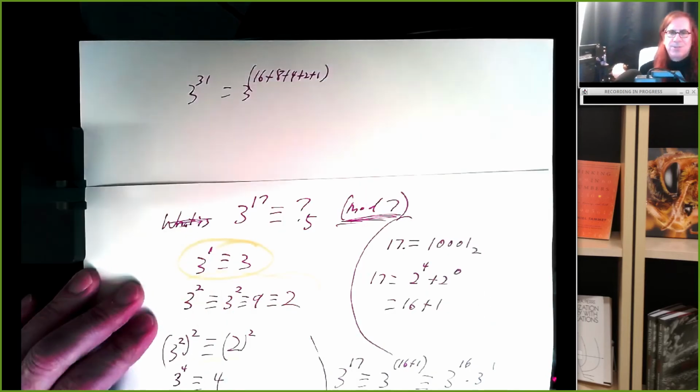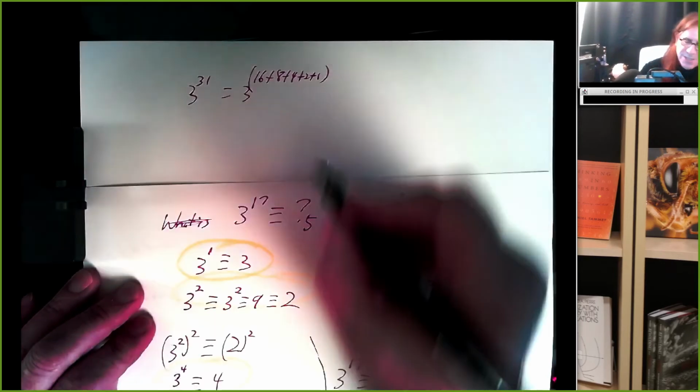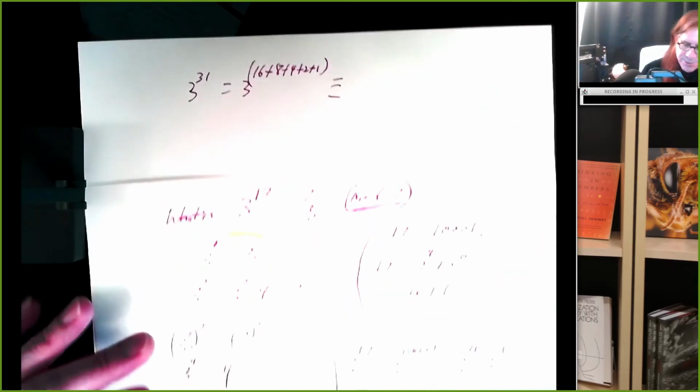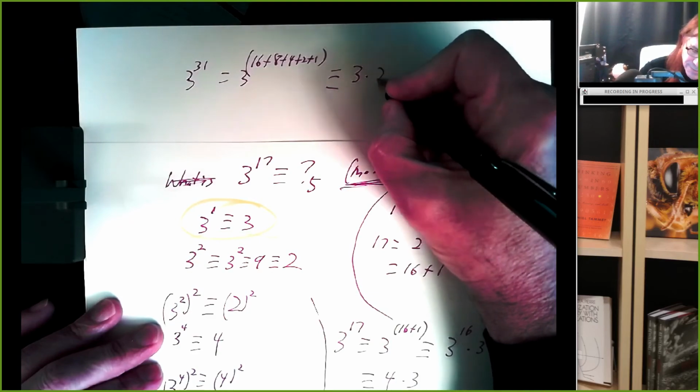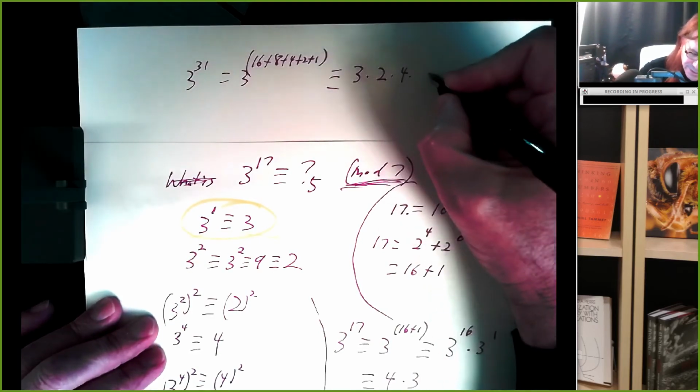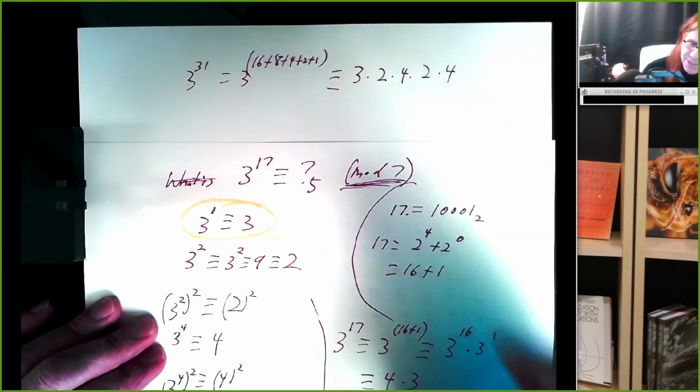Well, it's 3 to the 1 plus 2 plus 4 plus 8 plus 16, which is congruent to 3 to the 1st times 3 squared times 3 to the 4th times 3 to the 8th times 3 to the 16th.